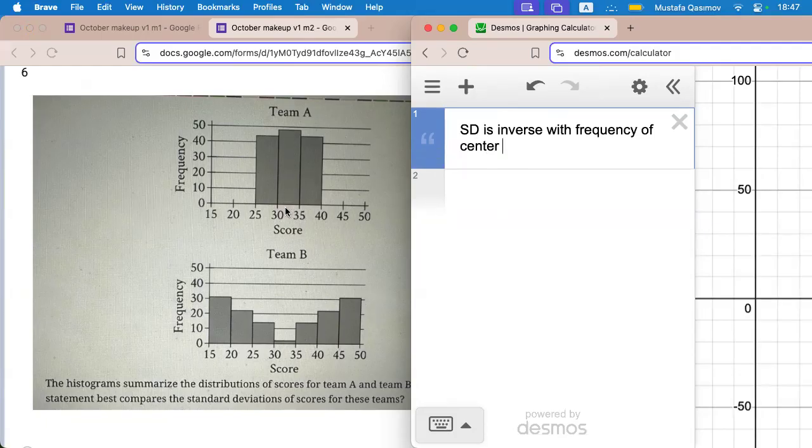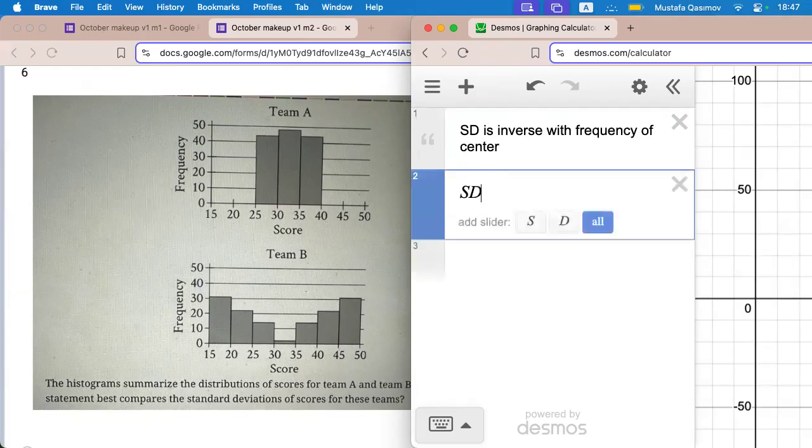It is between 30 and 35. For this one, it's also 30 and 35. For the first one, it is higher. So it means that standard deviation is smaller here. So standard deviation of A is less than standard deviation of B. It's so like that.